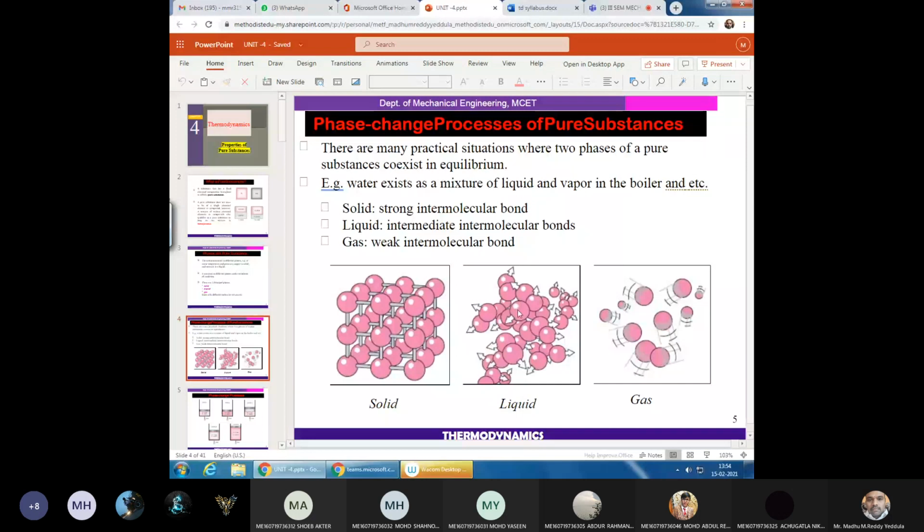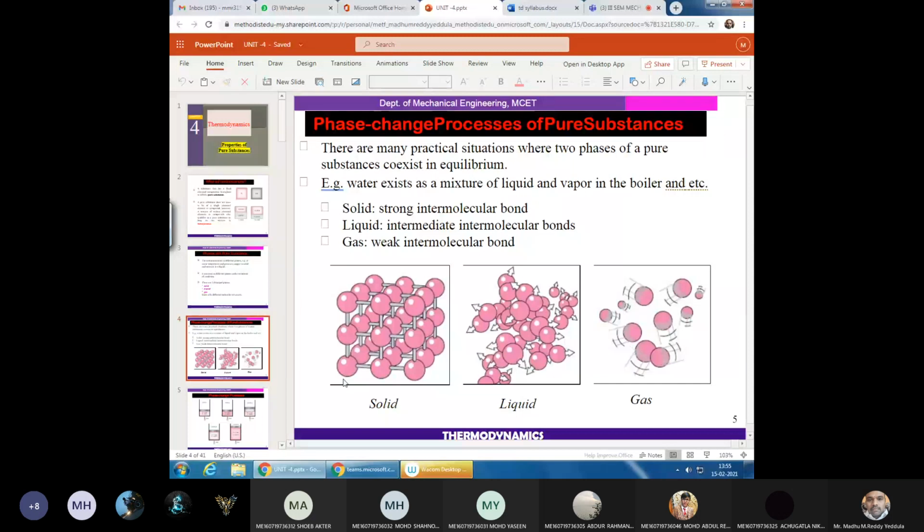Whereas in liquids, the intermolecular force of attraction is less as compared to the solid. That's the reason they have no fixed shape, they have only volume, right? The shape depends upon the container in which we are pouring. Whereas coming to gases, the intermolecular force of attraction is very, very weak.